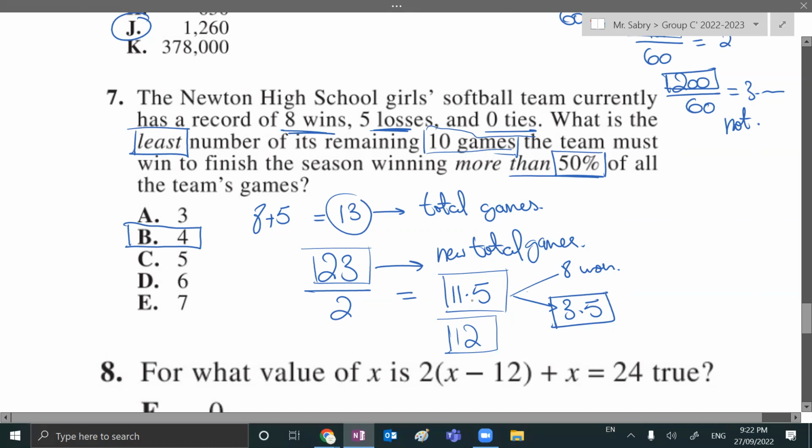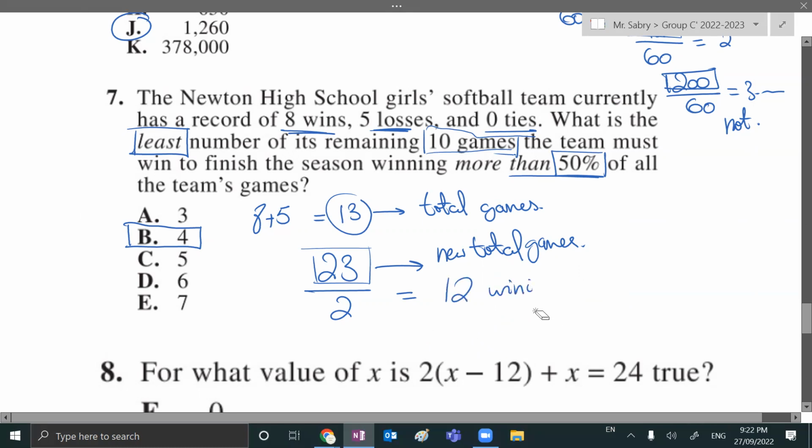أوكي so هو بيسأل على إيه بقى؟ هو عايز إيه؟ The least number remaining of 10 games.